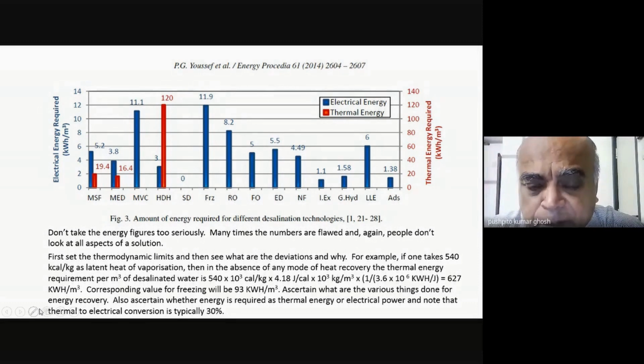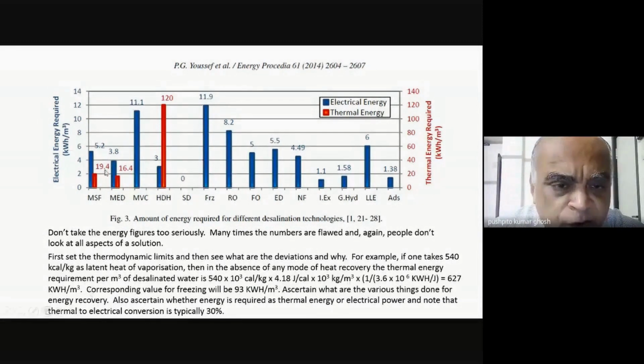Just because I provided it by solar doesn't change the amount of energy supplied. So it comes to about 627 kilowatt hour per m cube. These are the two extremes we are talking about. One is the impractical extreme of isothermal reversible desalination, and the other is what the sun is doing, what is happening in nature, but that's not the way people do seawater desalination. But it's good to get that extreme.